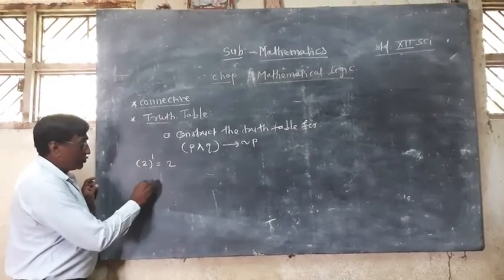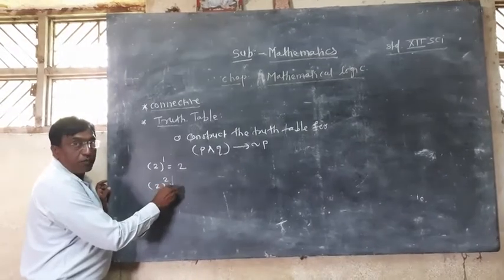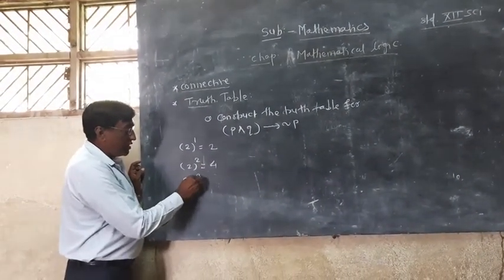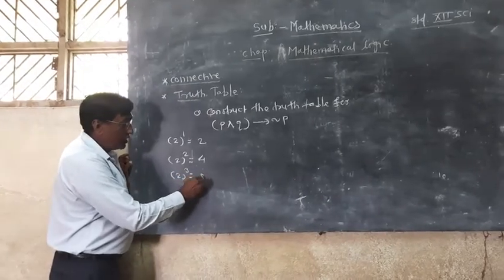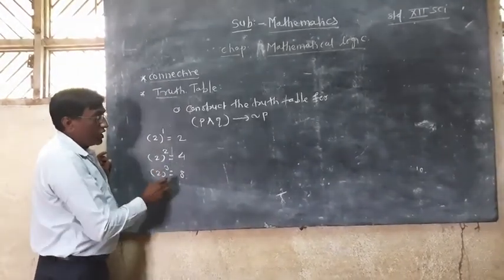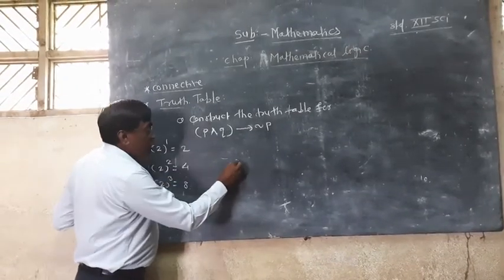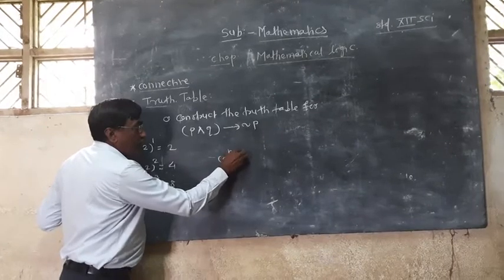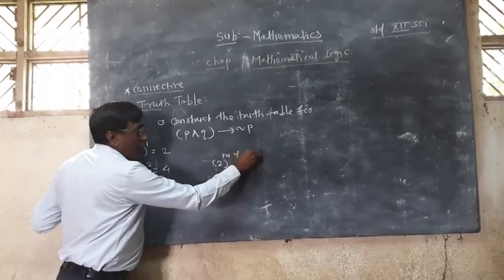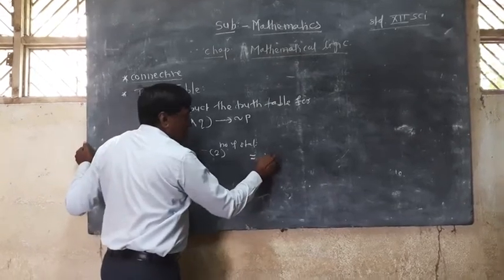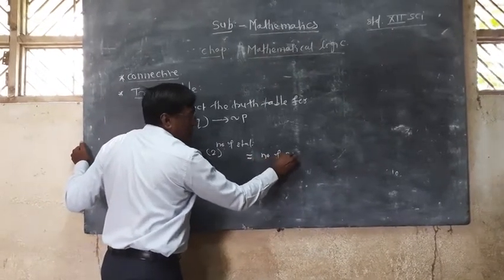If we take two statements, then the number of possibilities will be 4. If we take three statements, the number of possibilities will be 8. In general, this is the generalized formula: the possibilities of result equal 2 to the power of the number of statements.